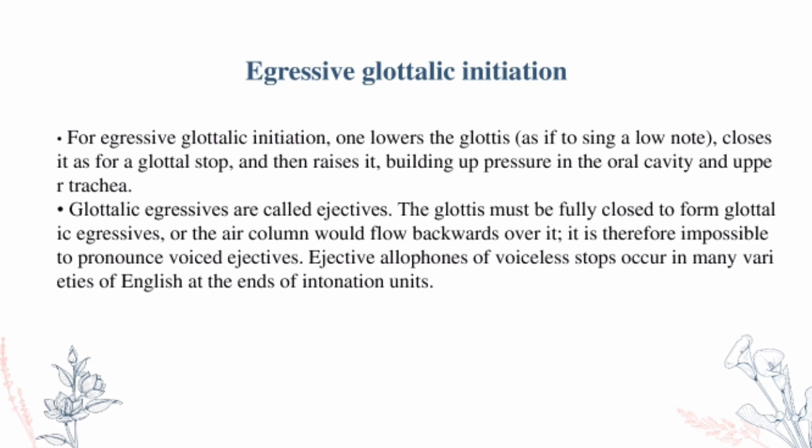The glottis must be fully closed to form glottalic egressives, or the air column would flow backward over it. It is therefore impossible to pronounce voiced ejectives. Ejective allophones of voiceless stops occur in many varieties of English at the ends of intonation units.